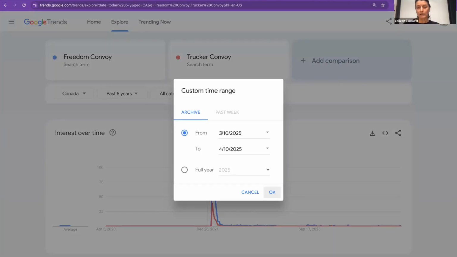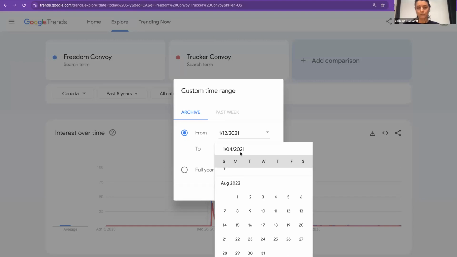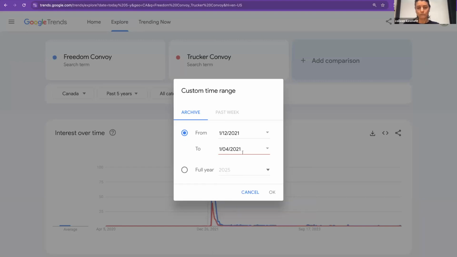So in this case, I can select a full year if I want, or I could go, let's say the 1st of December 2021 to, let's say, the 1st of April 2021. I think I've got that format correct. Maybe not.